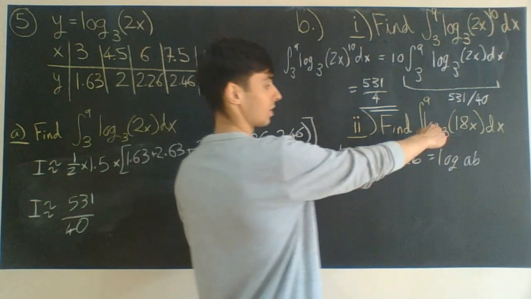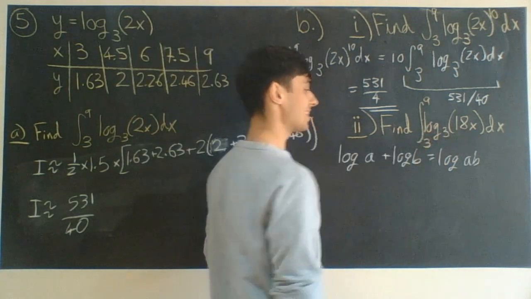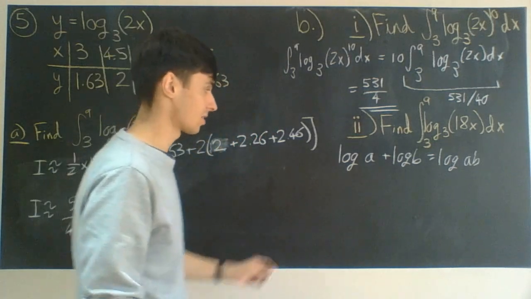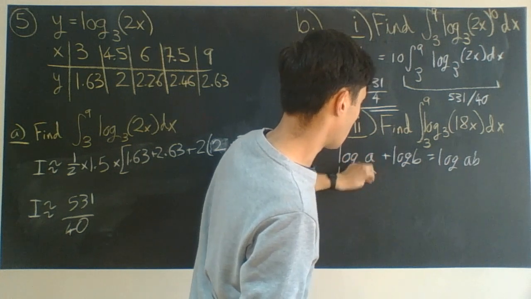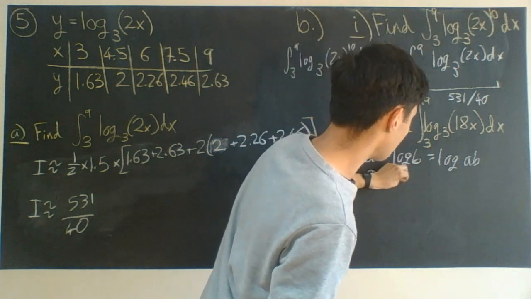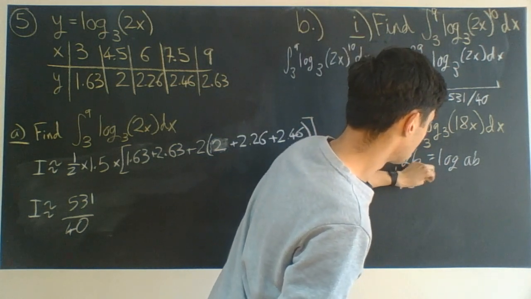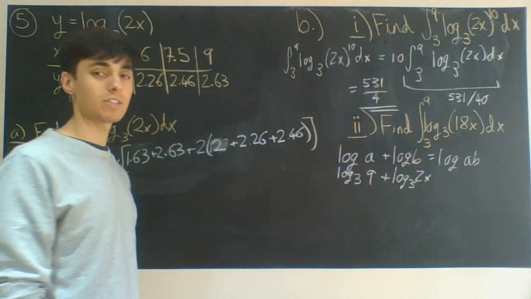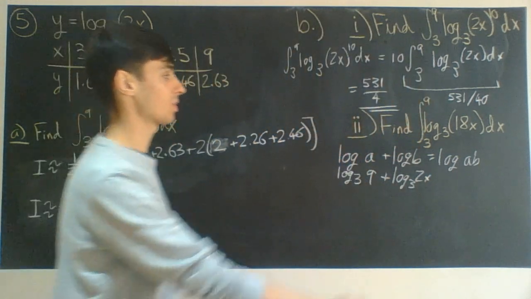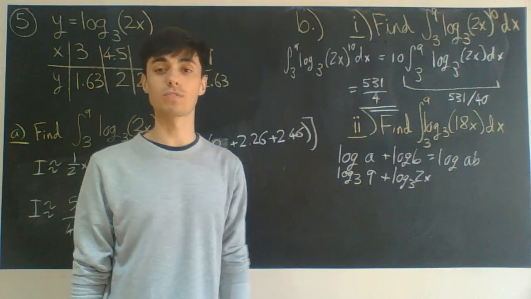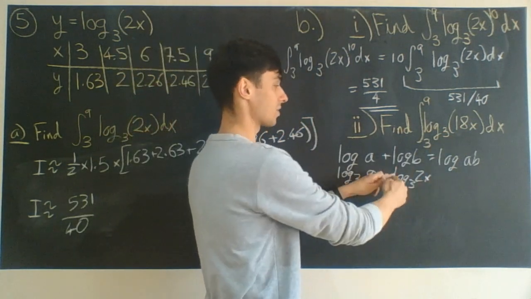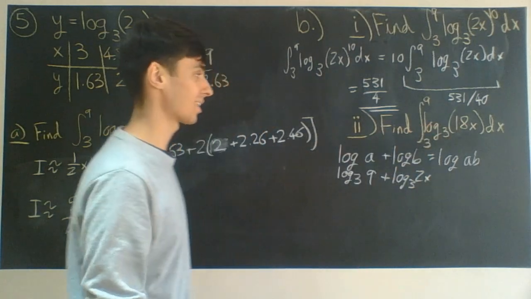We've got log 3 of 18x, which we could write as log 3 of 9 plus log 3 of 2x. Can you see we've deconstructed our log 3 of 18x into log 3 of 9 and log 3 of 2x. Those come together to multiply to make 18x.